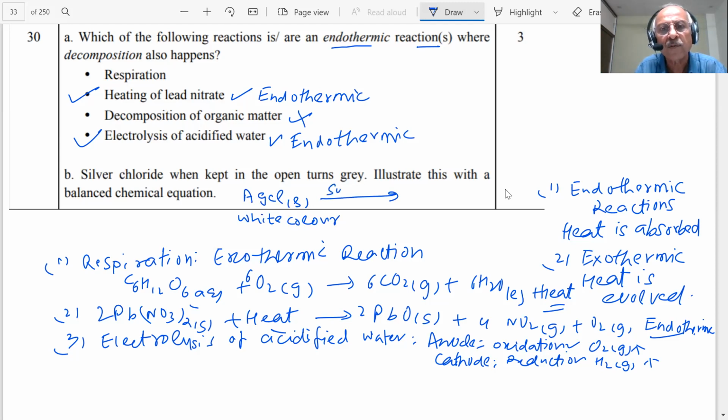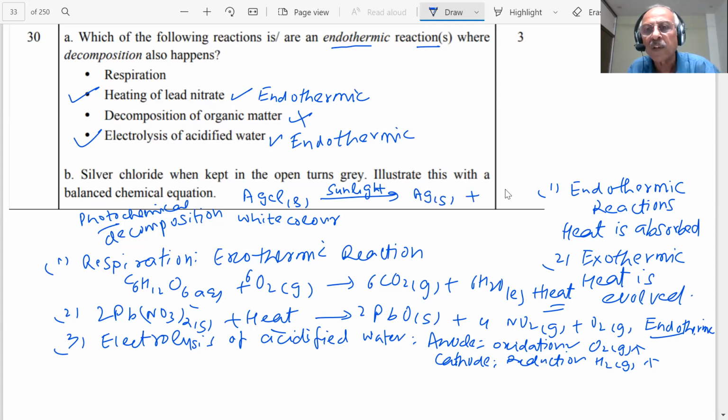When there is sunlight, students, what happens in the presence of sunlight? This is an example of a photochemical decomposition reaction. Photo means light. With the light energy, silver chloride decomposes to give silver and chlorine gas.